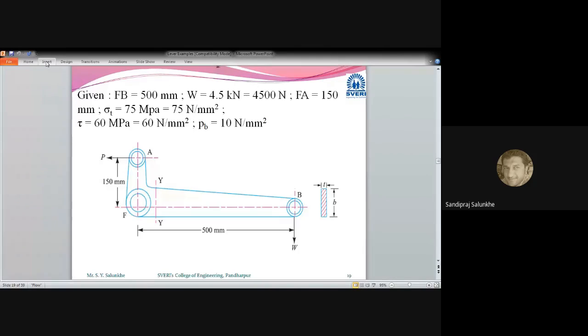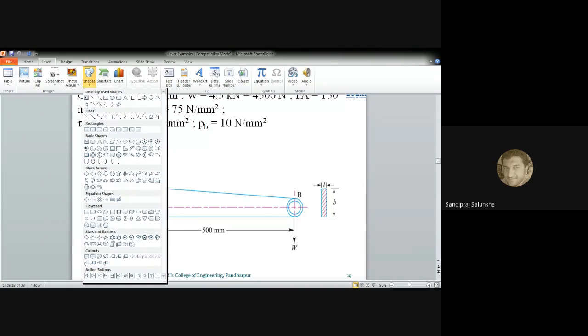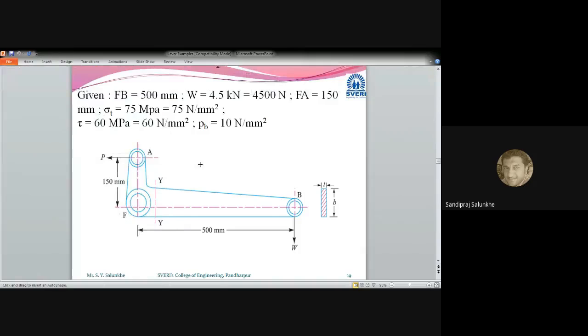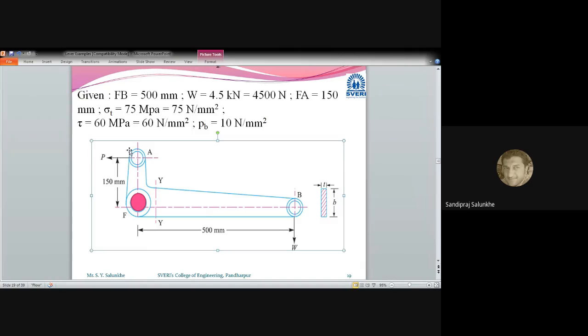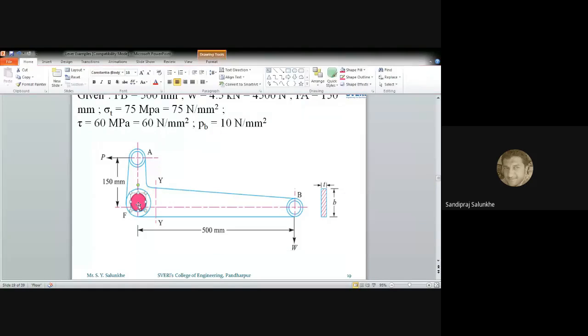We started that design from the pin at point F, that is the fulcrum, and then afterwards we took the same pin which we designed at point A, the pin which you can fix here, and later on we have seen the pin which you can fix at point B.